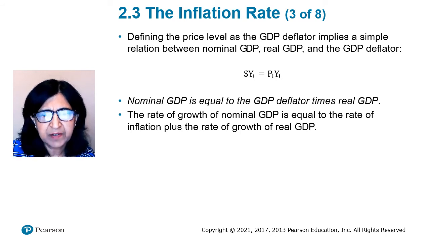Defining the price level as the GDP deflator implies a simple relation between nominal GDP, real GDP, and the GDP deflator: nominal GDP Y subscript T equals P subscript T times real GDP Y subscript T. In words, nominal GDP is equal to the GDP deflator times real GDP, and the rate of growth of nominal GDP is equal to the rate of inflation plus the rate of growth of real GDP.